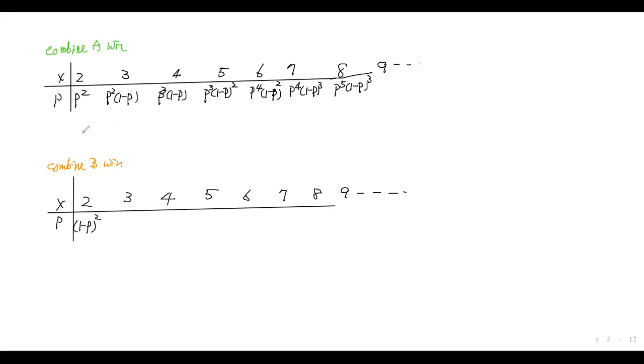My first one is 1 minus P square, and the 4 is 1 minus P to the third, P. So 5 is P to the square, 1 minus P to the third, and the 6 is P2, 1 minus P to the fourth, and the P7 is P3, 1 minus P to the fourth, and the P8 is P3, 1 minus P to the fifth.